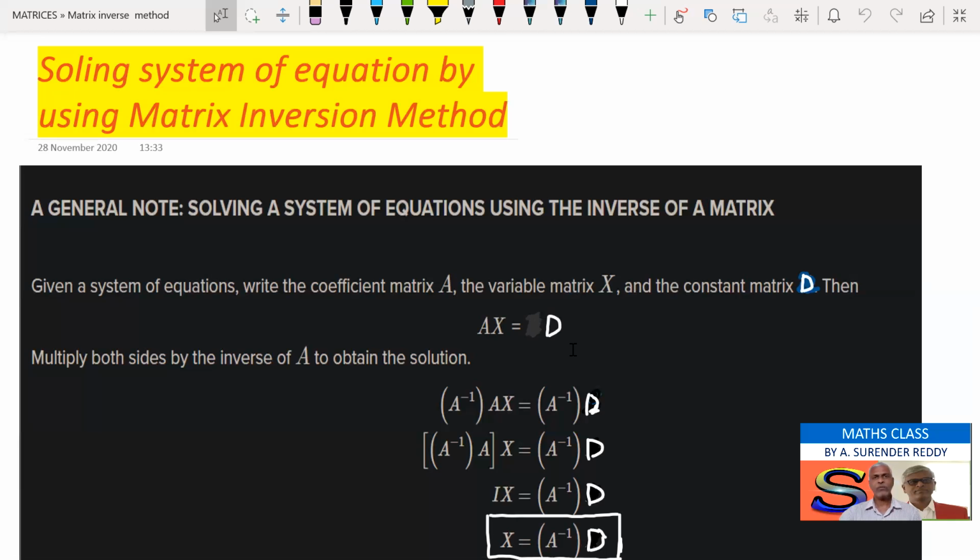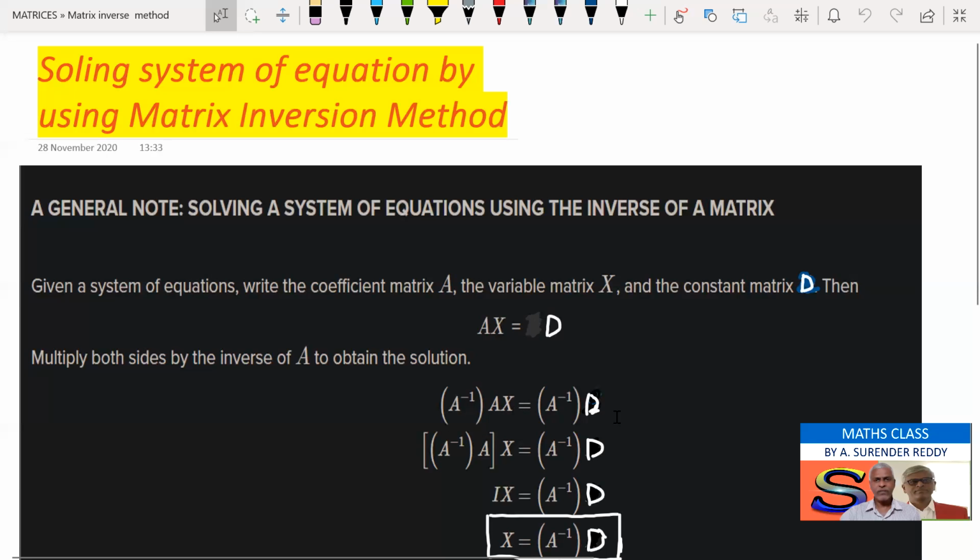A is the coefficient matrix, X the variable matrix, D the constant matrix. From this matrix equation, if you multiply both sides by the inverse of A, that is A inverse.